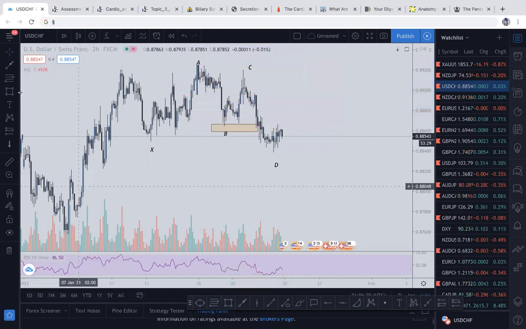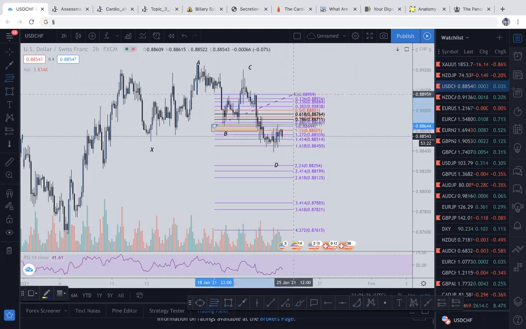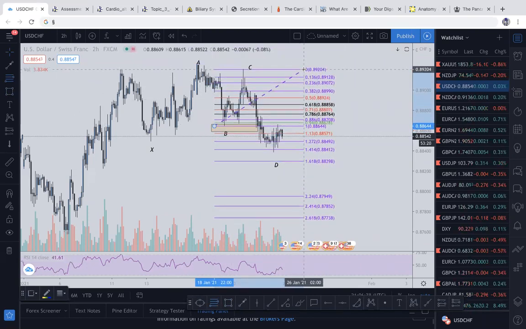Now, our D is where? From B to C, we want to line up at the 1.618 level. We are not there yet, so this pattern is not complete. All you do is you put your line here.